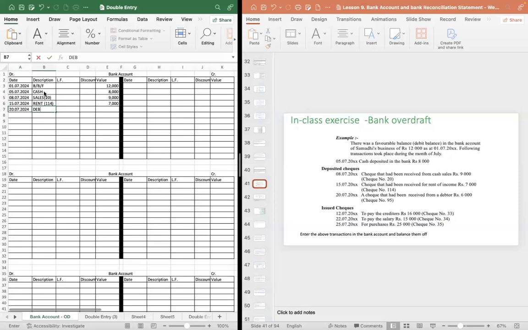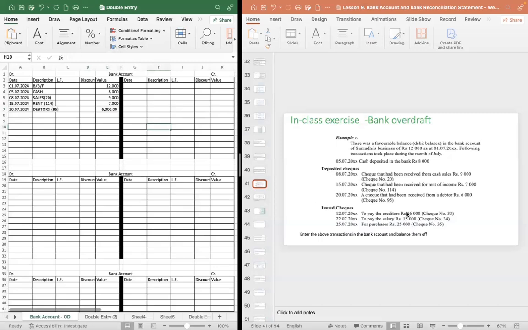Debtors laging hambela තියෙනවා 6,000. So those are the deposited checks.